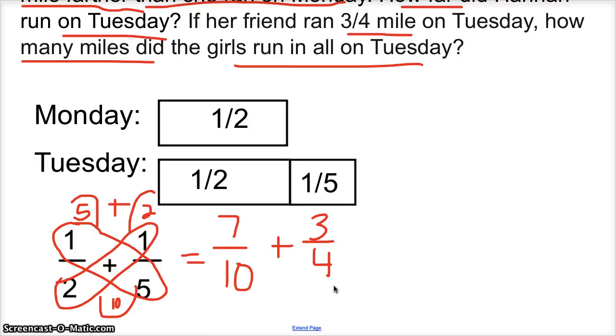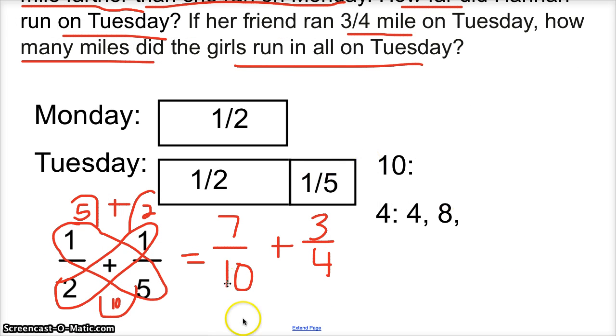So this is where our lesson is a little bit different today. Normally with the butterfly method, you would cross multiply, find your denominator, but with that, the denominator is going to be 40, and then I have to do some simplifying. So what I'm going to do is not a new strategy, but it's a strategy we had at the very beginning, where I'm going to list out the multiples.